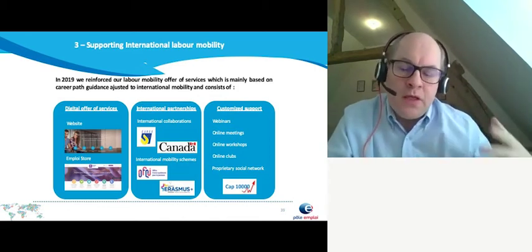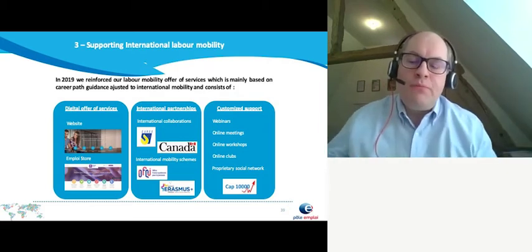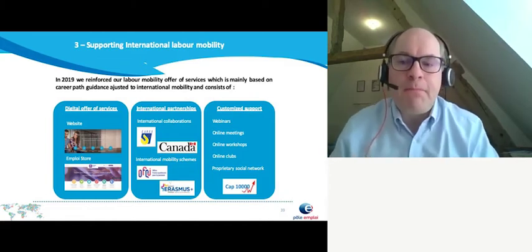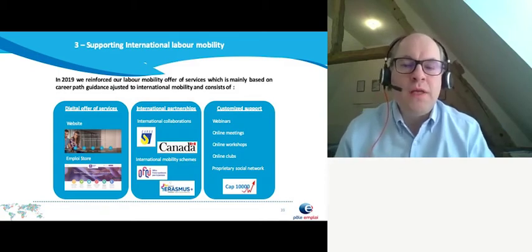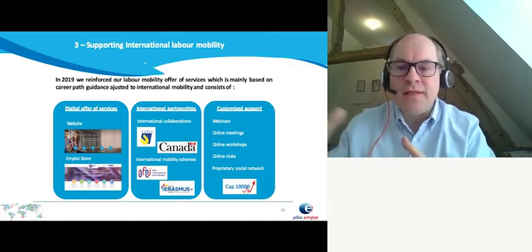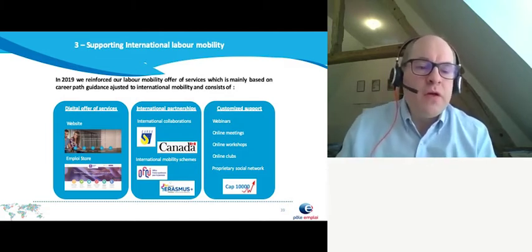We want this to be a real journey for our job seekers. The first question: why not go and work abroad? And also we want to have all of the different steps in place in order to ensure that we're able to support not only French people who want to go and work abroad, but also those who want to come back home. So they've been working abroad for 5 or 10 years and then they want to come back to France.